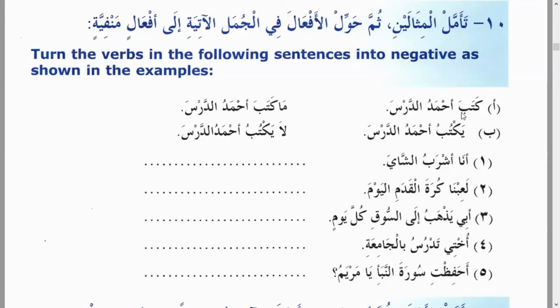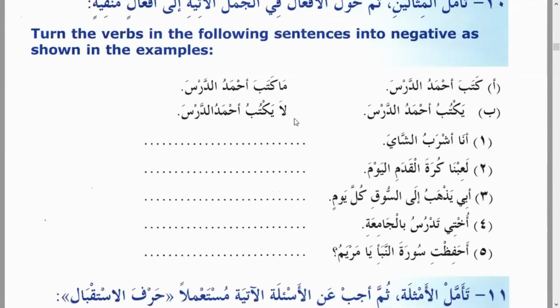So for example, kataba Ahmadu darsa. Ahmad wrote the lesson. So I have to say Ahmad did not write. Ma kataba Ahmadu darsa. So I'll use ma with fail madi. So it's just ma and la, nothing else. Yaktubu Ahmadu darsa. Ahmad writes the lesson. La yaktubu Ahmadu darsa. Ahmad does not write the lesson or is not writing the lesson, right?